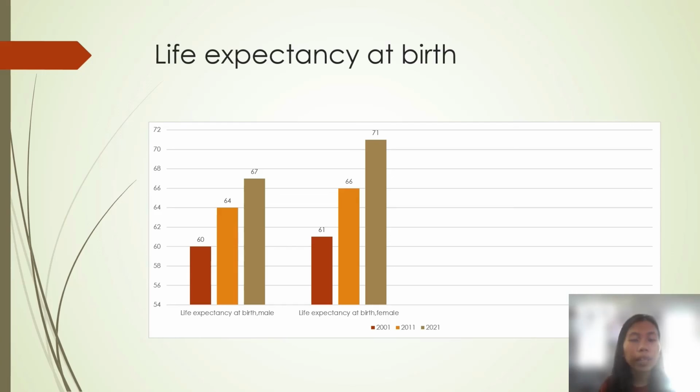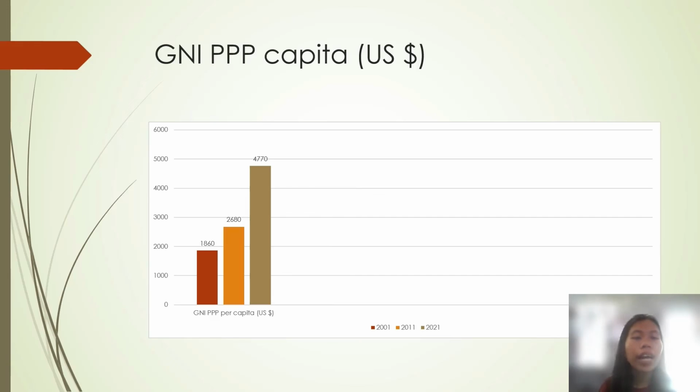Life expectancy at birth of both male and female increases in 2001 to 2011 up to 2021. The GNI PPP per capita increases in 2001 to 2021.